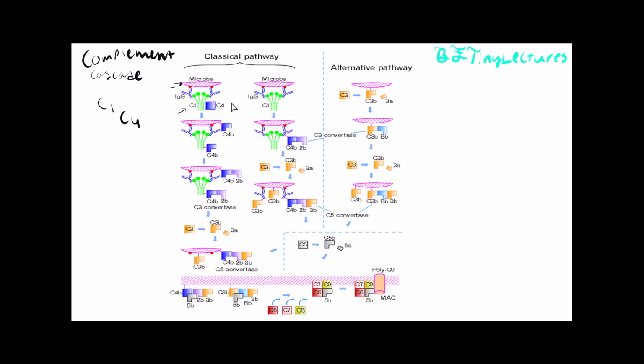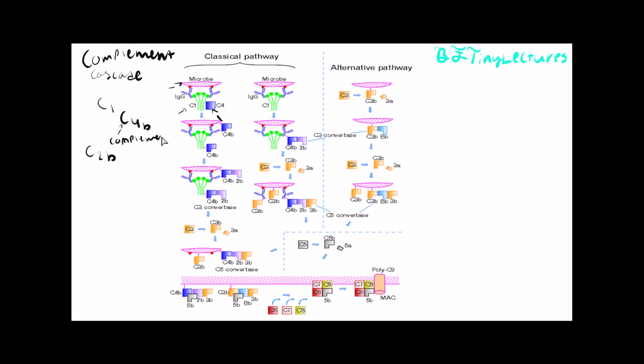C4 is then going to break into two pieces right here. So now we have two pieces of C4b from this one C4. After that, we're going to have C4b, and then we're going to have something called C2b. The reason why we say C4b and C2b is because C stands for complement.